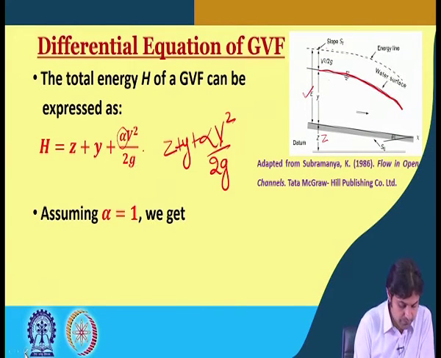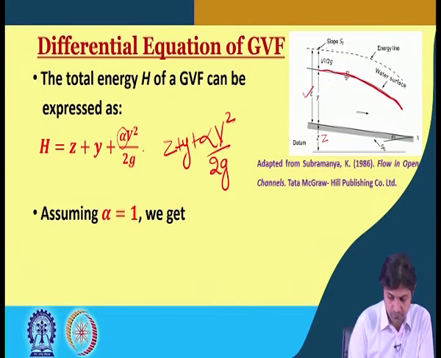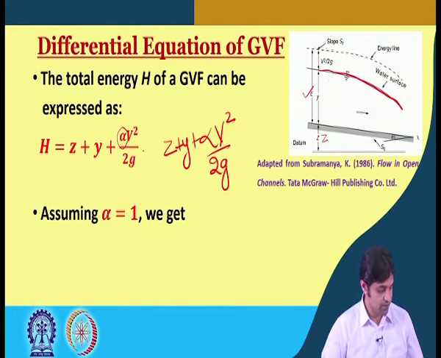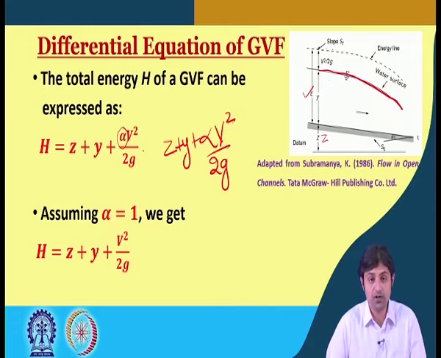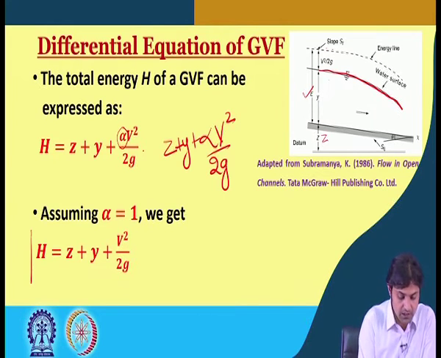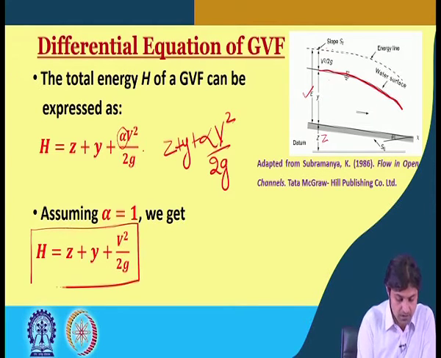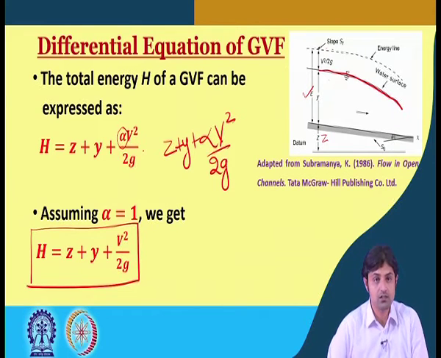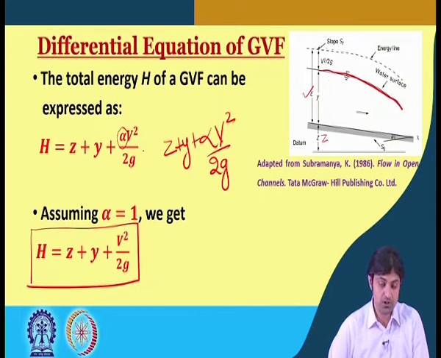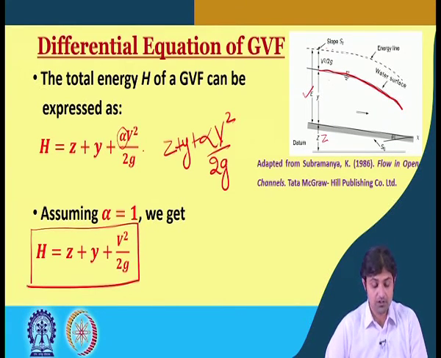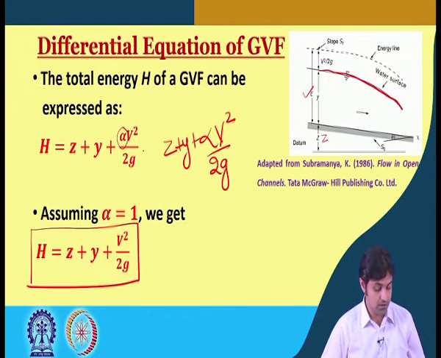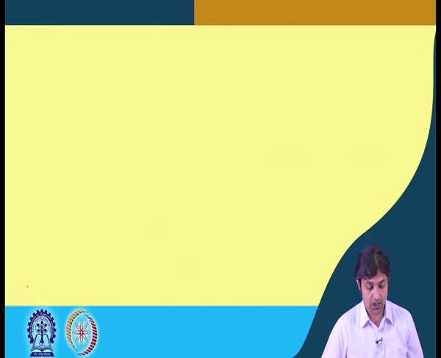Okay. So, if we assume alpha is equal to 1, we get this equation as H is equal to Z plus Y plus V square by 2G. So, the velocity head plus the pressure head plus the potential head.